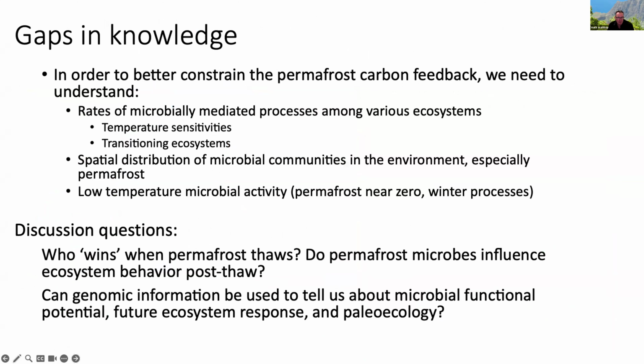Our laboratory works on a lot of gaps in knowledge related to the permafrost carbon feedback, where we really focused on rates of microbially mediated biogeochemical processes among various ecosystems, as well as the spatial distribution of microorganisms and low temperature microbial activity, or that is microorganisms active in warm permafrost or just at the freezing point. And that's just a little bit of background about our group.